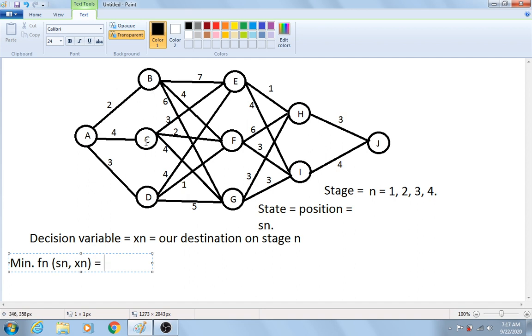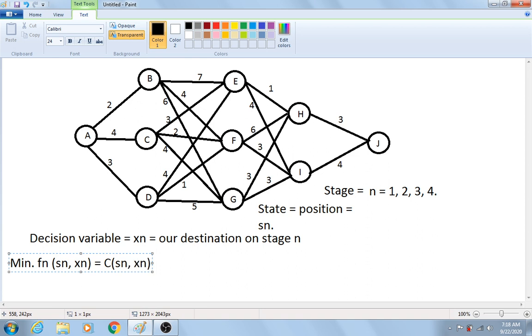If we are at C and we decide to go to E, then the cost is 3. So the cost is a function of the position, and it is also a function of the destination. What is the cost? It is just the cost of going from our position to our destination.